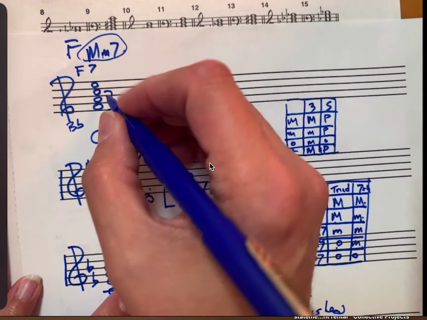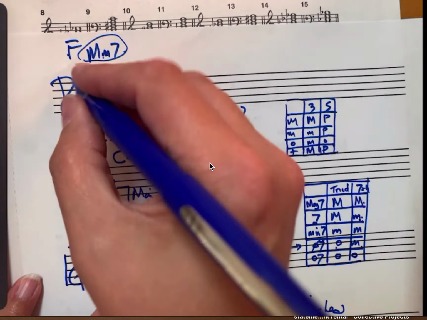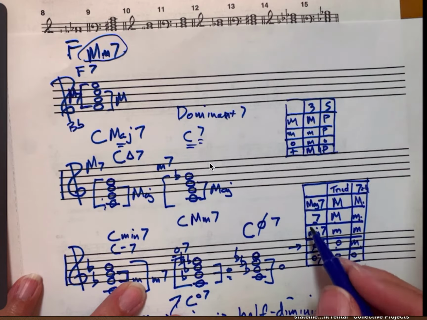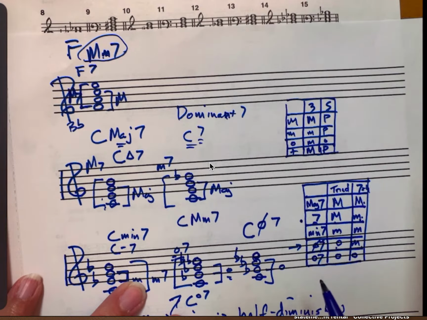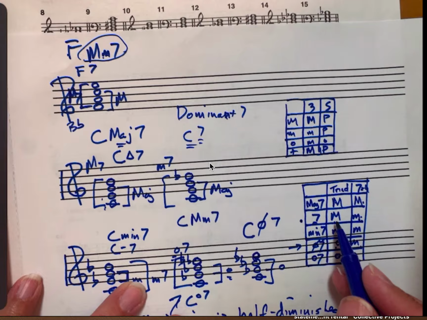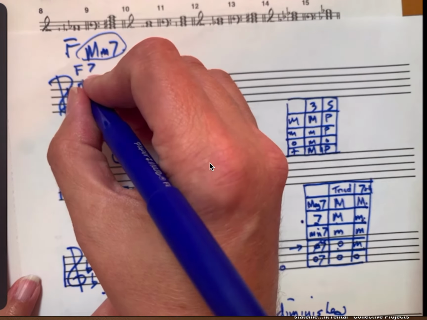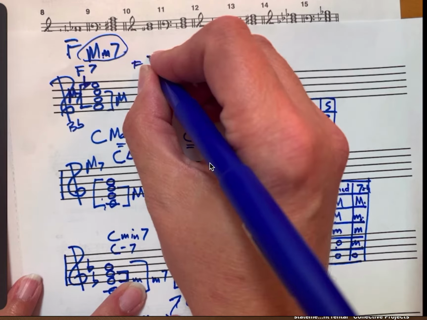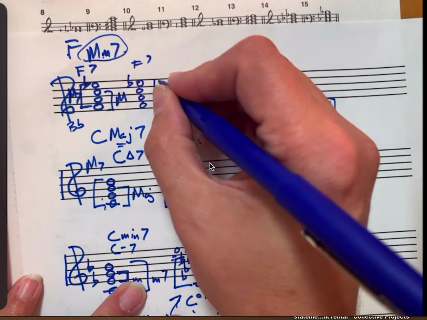So that means F, A, C is a major triad, and it means that F to E is a major 7. But for this kind of chord, do you remember that we need a minor 7th? So to change this major 7th into a minor 7th, we lower the top note, and F7 is F, A, C, E flat.